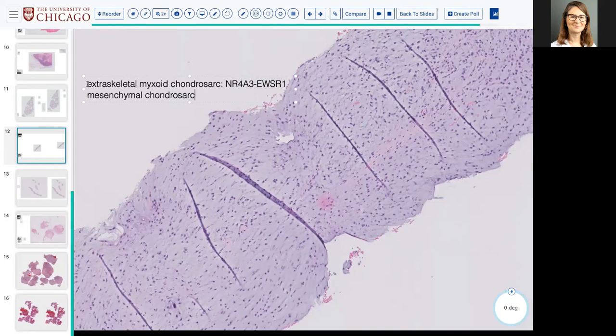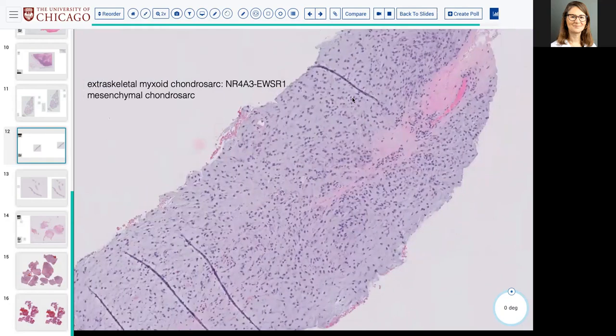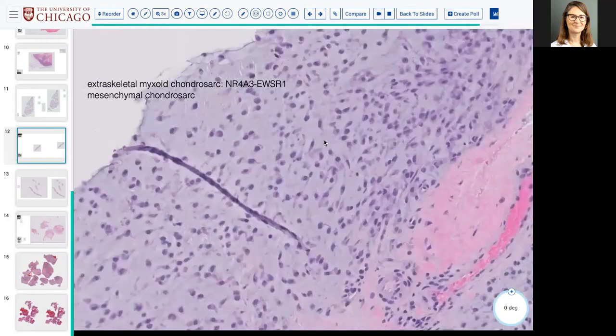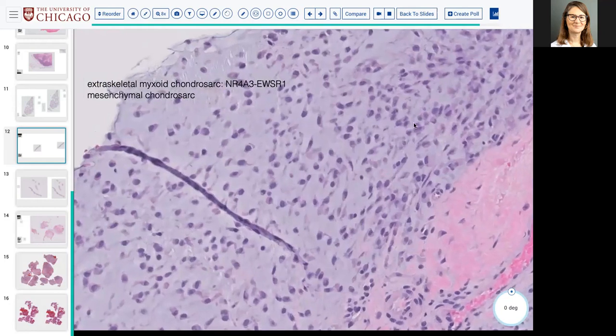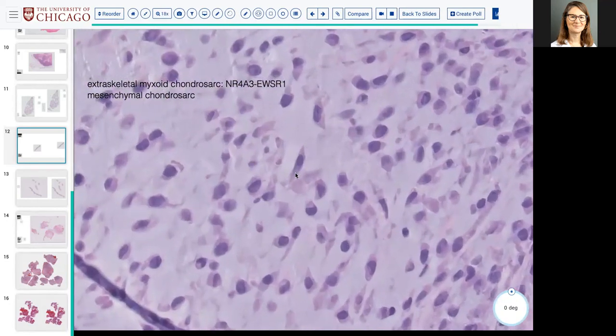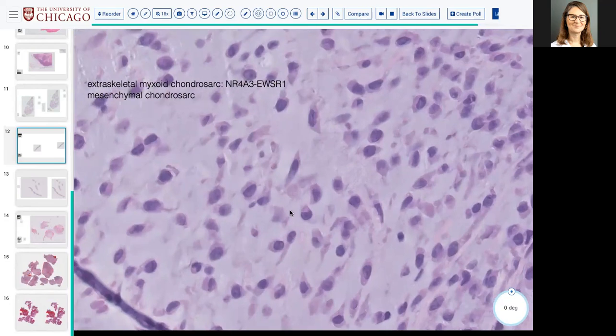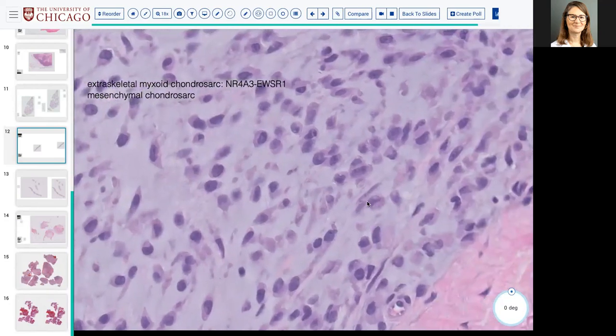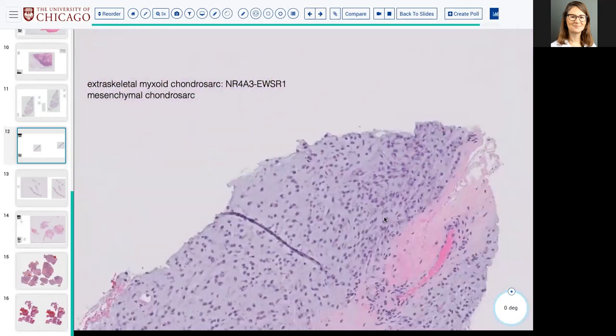This is an extraskeletal myxoid chondrosarcoma, and it fits very appropriately in this differential diagnosis of soft tissue lesions that have myxoid stroma and relatively bland cells with scant cytoplasm, almost wispy cytoplasm in areas, but really not glassy, not foamy, not super mitotically active.